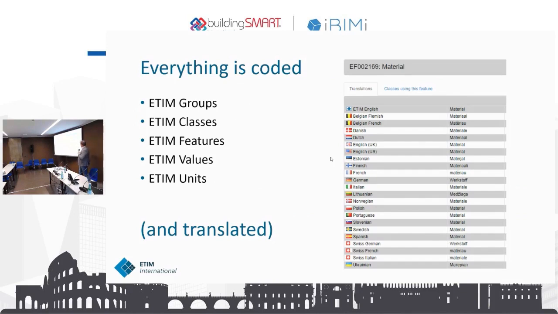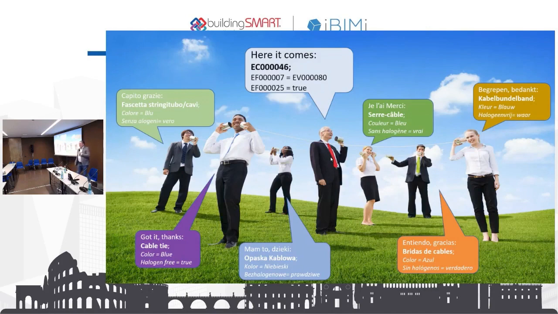For instance, the word material, you can find it in 23 languages, and it's all linked to the code EF002169. Very simple, but very powerful, because I could classify my products in Dutch. And this young man here in the front, he could get the file and decode it back into Czech language.